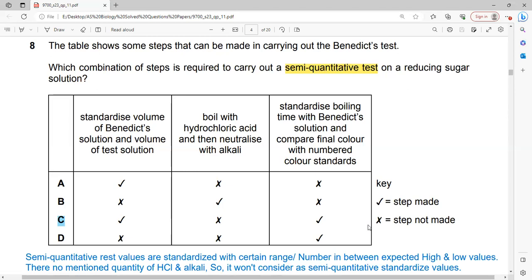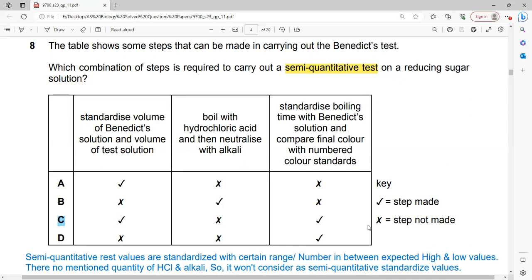Here it's the Benedict solution test. The table shows the steps that can be made to carry out the Benedict solution test. So which combination of these steps is required to carry out a semi-quantitative test? Basically, we classify the test into quantitative or qualitative results.